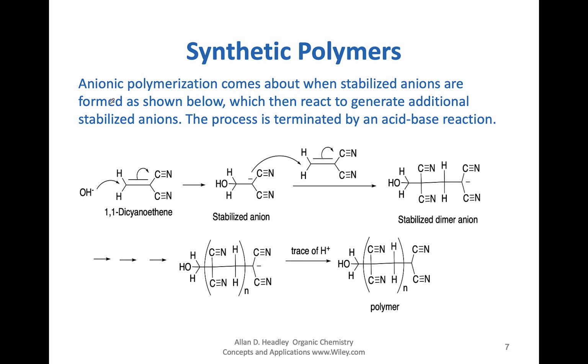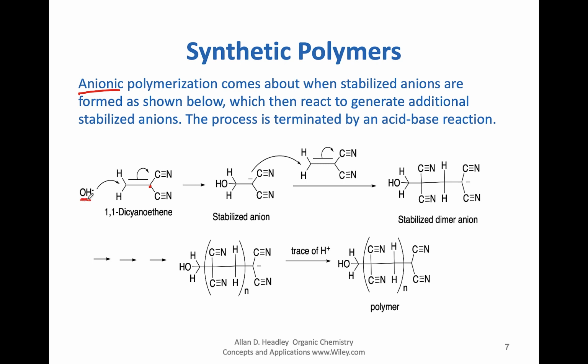Let us look at a different type of intermediate, the anionic. That's the negative. That's the anion. So here's an example of a monomer, 1,1-dicyanoethane. So here's this cyano group here, two cyano groups bonded to this carbon.